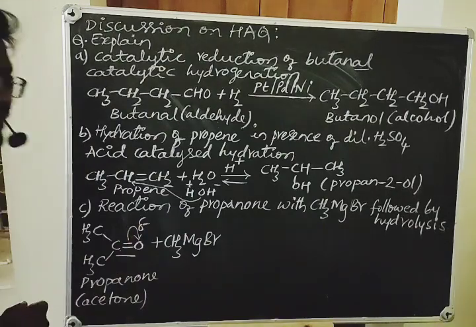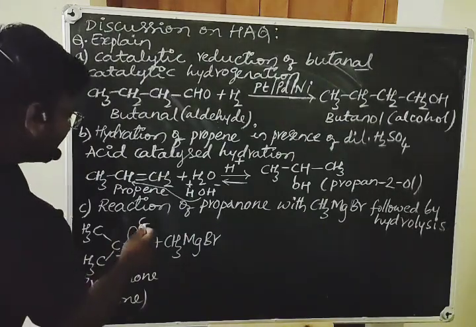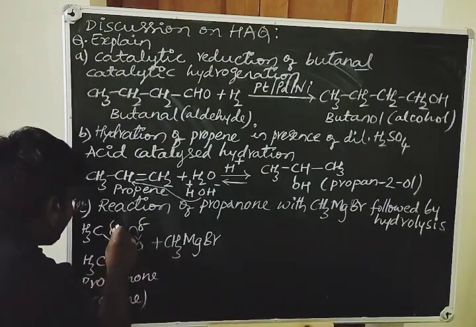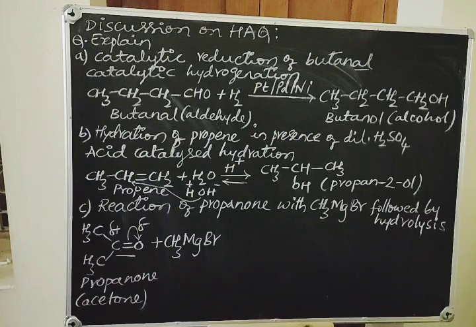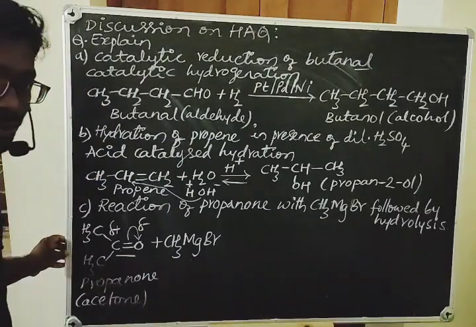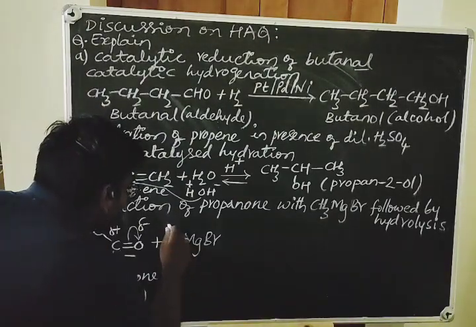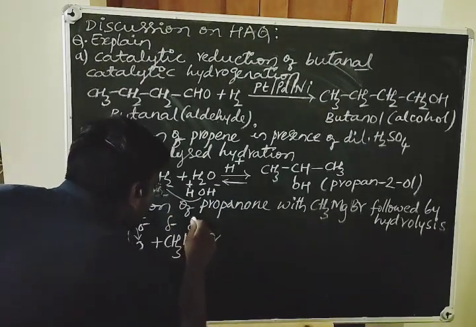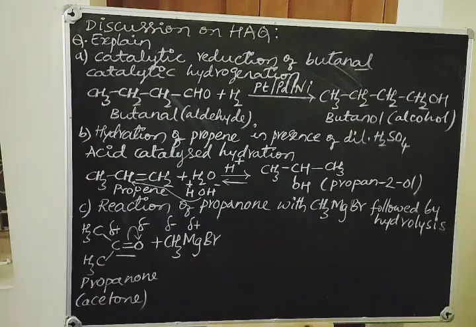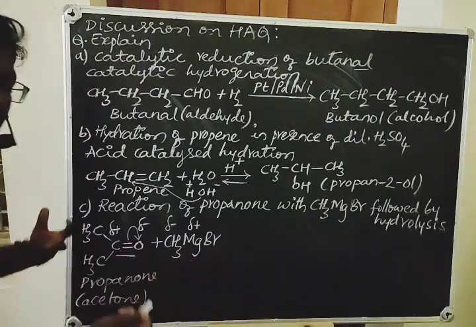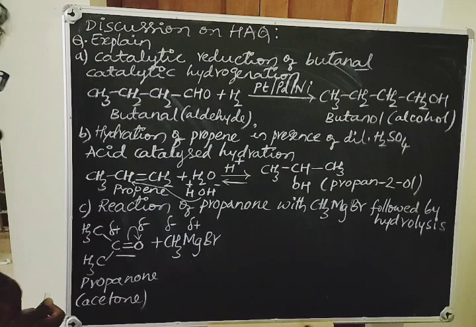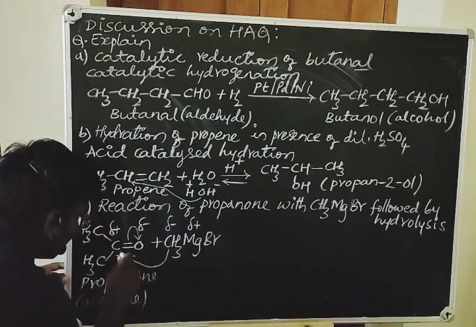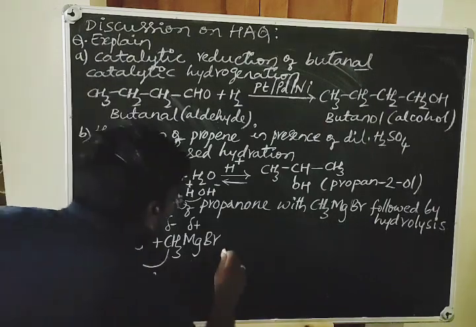So we have to represent that electron rich density as delta minus, and the carbon is slightly losing the electrons, therefore delta plus. In the Grignard reagent also we have two parts. The alkyl part is rich in electron density, delta minus, and metals are electropositive. Now here the opposite charges attract each other, meaning this methyl group attacks onto this carbon.